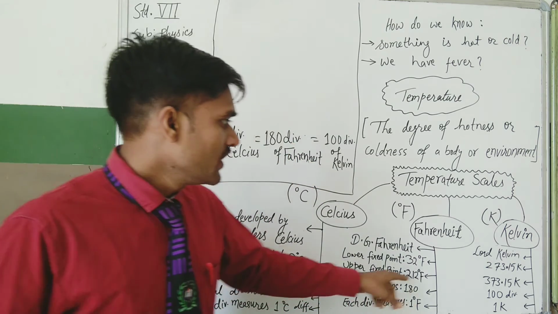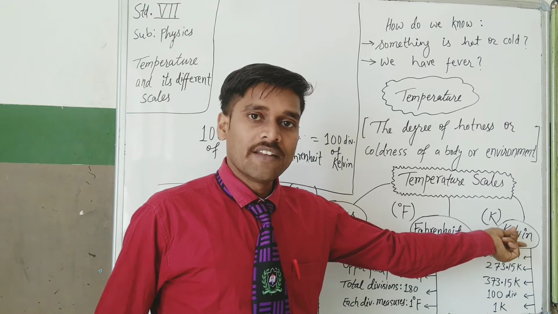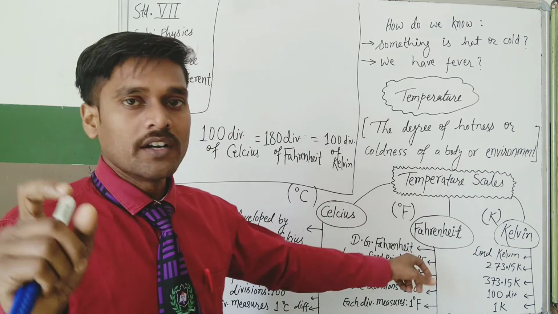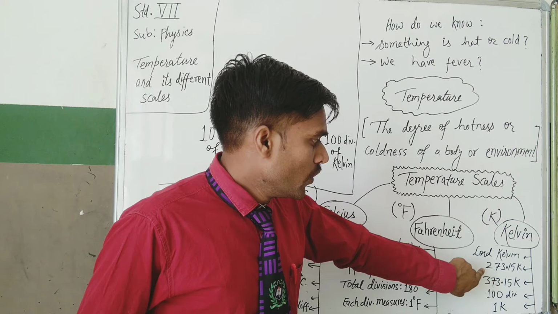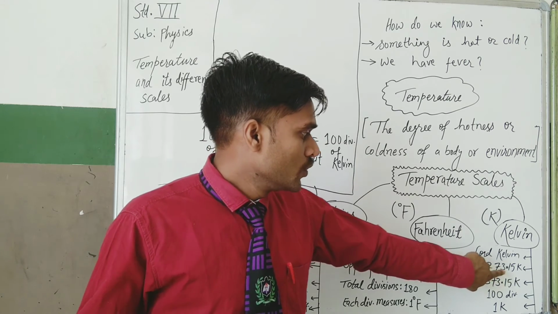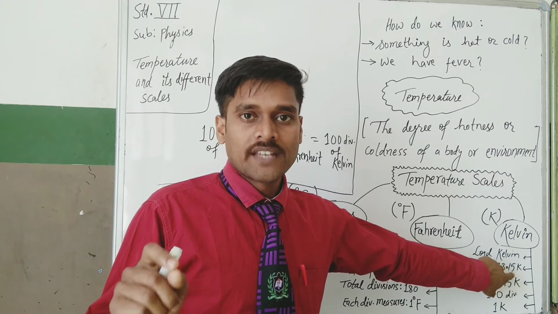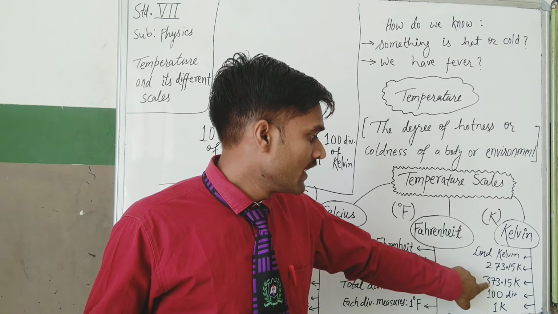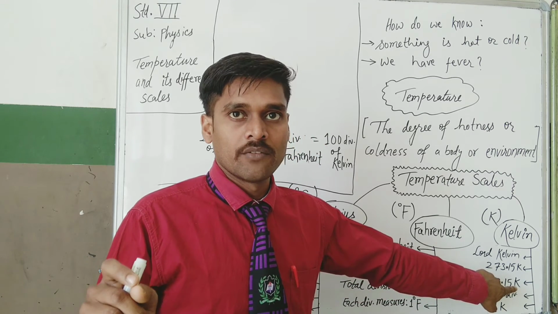Now come to the next scale, which is the Kelvin scale, developed by Lord Kelvin. The lower fixed point of this scale is 273.15 Kelvin and the upper fixed value is 373.15 Kelvin.